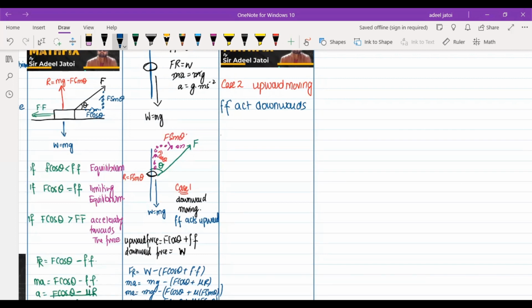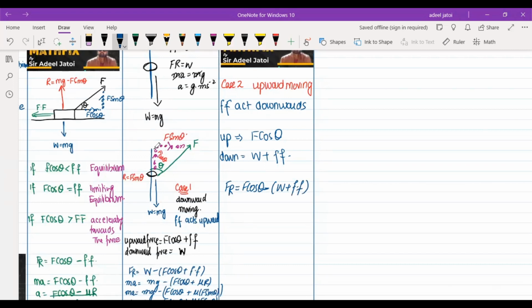So your upward force will only be F cos theta, and your down force will be your weight plus your frictional force. But since we know that the object is moving upward, obviously the resultant force will be majorly on the upward ground. So if it is upward, FR is equal to F cos theta minus weight plus frictional force.